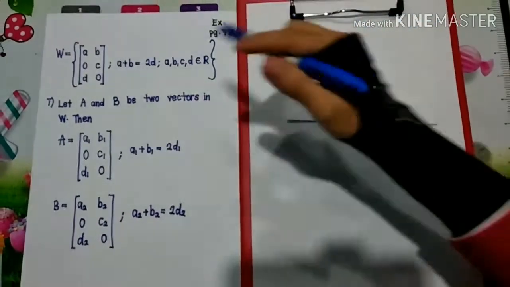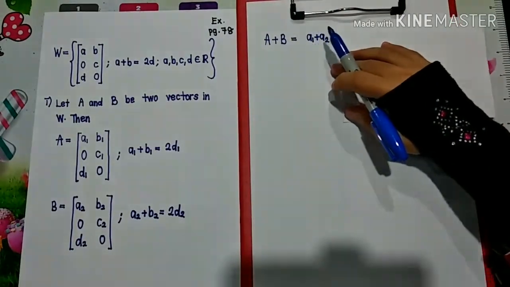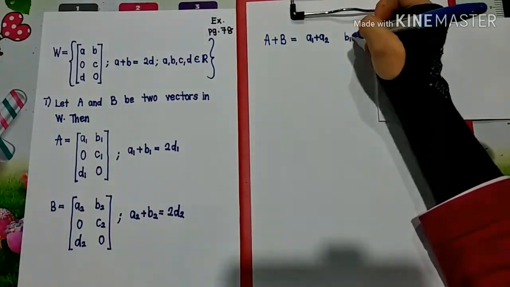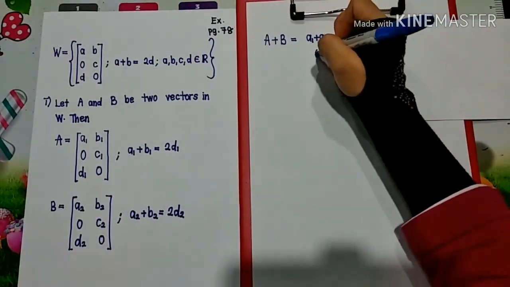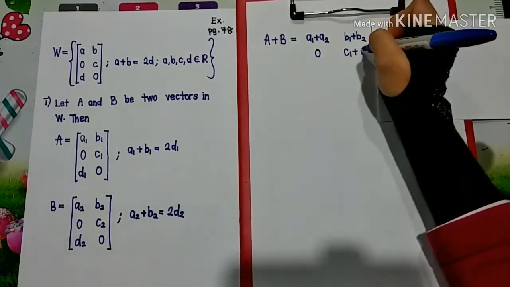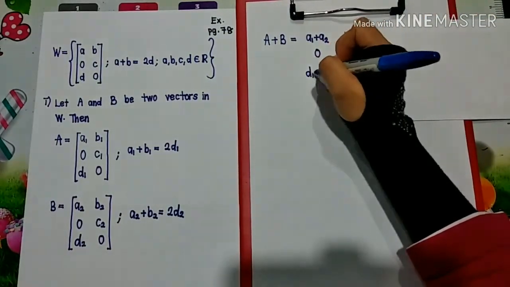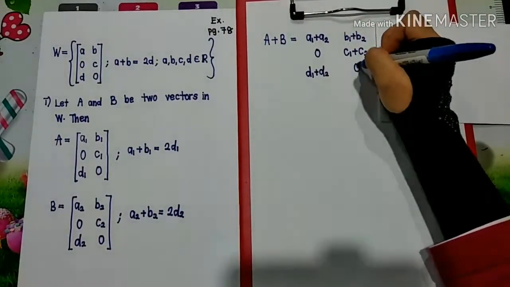So you will have A1 plus A2, the next one B1 plus B2, 0 plus 0 you will get 0, C1 plus C2, D1 plus D2 and 0 here.